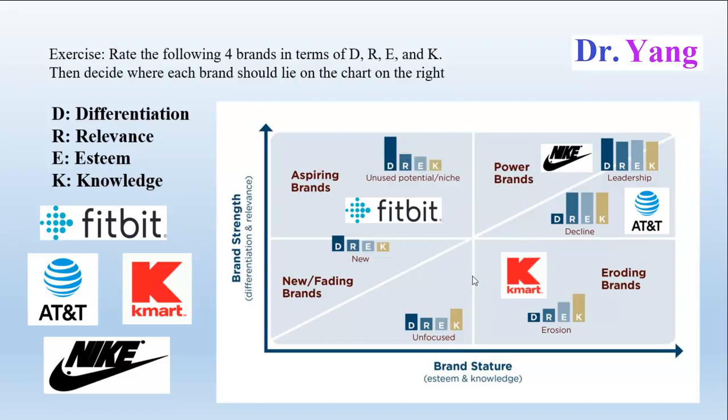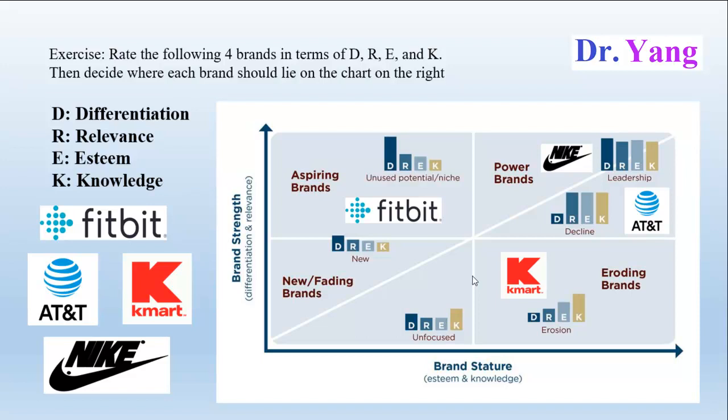Next one will be Kmart. We know Kmart is not doing well in America. They have been closing a lot of stores across America. If you look at the dimensions offered by the agency, they have very low differentiation because it's not very different from Walmart or Target. Also, a lot of people don't have very good word of mouth about this company, and some people don't even know about Kmart because other superstores are more popular.